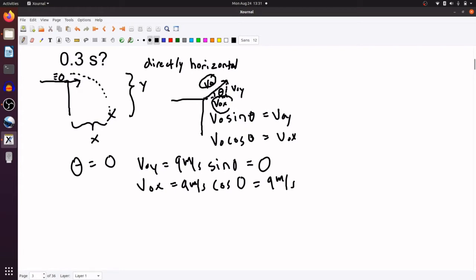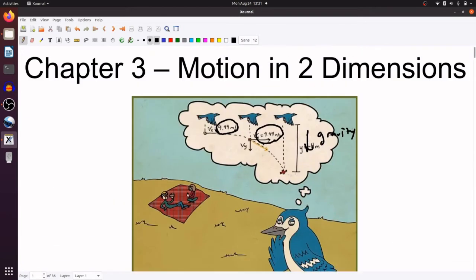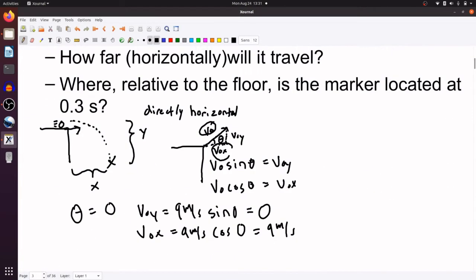Going back to the little sketch of the little birdie, you have no initial y velocity here, but as you go down, your vertical velocity gets larger and larger. Meanwhile, your horizontal velocity, just in the bird problem, will always stay the same because acceleration only acts up and down. Anywho, a long side note on why directly horizontal means the vertical component is 0. This will get more ingrained as I do more problems, but I figured I should at least start with that.